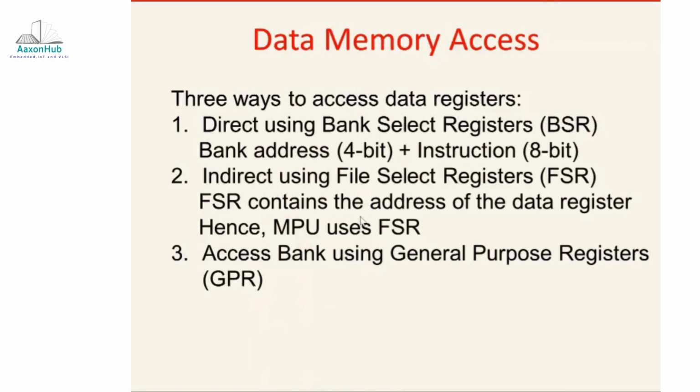Your microcontroller understands which file select register it is, and that contains the address of the data register. This is indirect. The third category to access the data is using the access bank with the general purpose register.